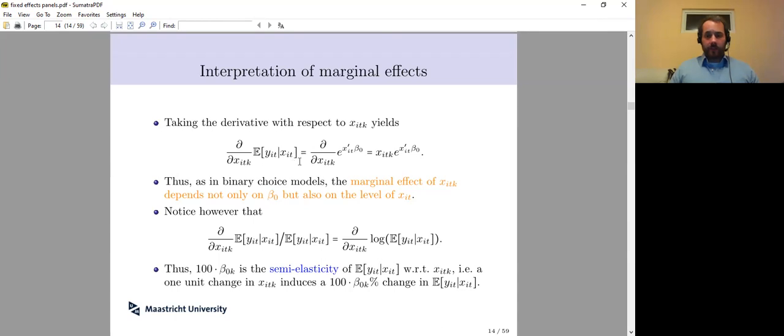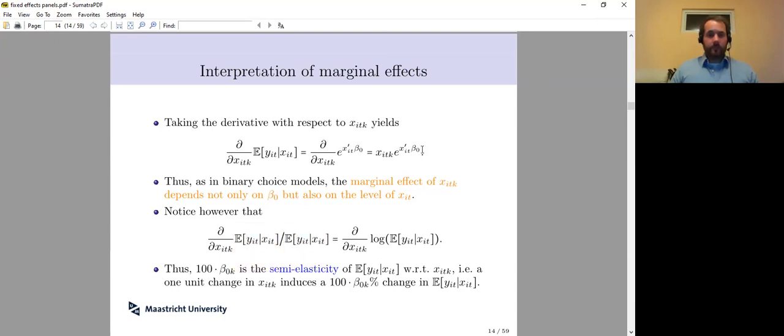Normally, we would then take the average over our sample to calculate, for instance, average partial effects or average marginal effects. However, here we can actually see that in the Poisson, we have an easier interpretation. When you look at this, we take the derivative of this and we divide it again by this part here.